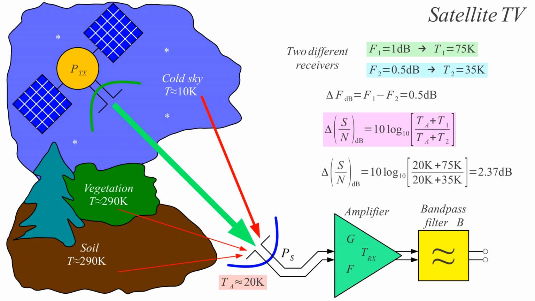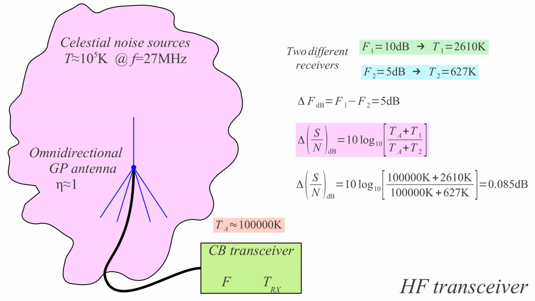Yes, besides the satellite reception, there is also the opposite case. The opposite case is HF receivers. Here I made a very simple example at 27 MHz for a citizen band radio transceiver. This is a very common item that can be bought.